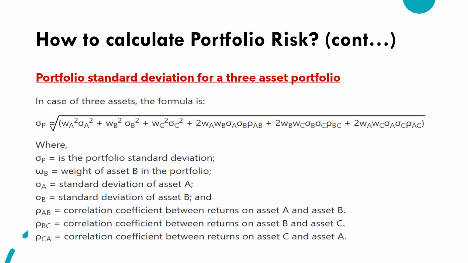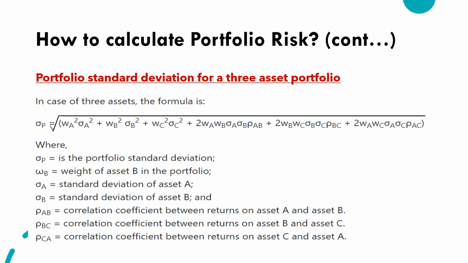Before we end, I would like to show you the formula for the portfolio standard deviation of a 3 asset portfolio. Notice from this formula that you need to determine all the 3 components, which include the weight and standard deviation for each of the 3 assets, as well as the correlation coefficient for all the possible pairs of combinations from the 3 assets in the portfolio.